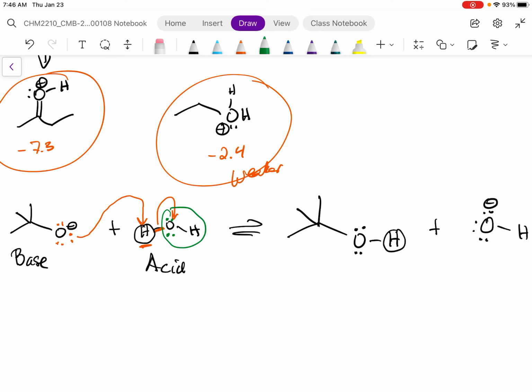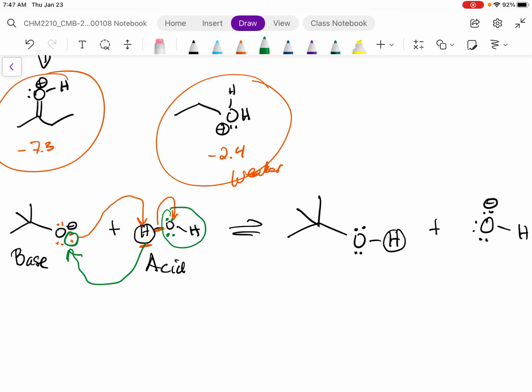We take this lone pair, and it forms a bond with that hydrogen. And that's what the arrow is showing, where those electrons go, what bonds it forms. Far too many students will just say, hey, this hydrogen's going to pop on and go over there. Okay? That's what they do. They say the hydrogen's flopping off over to that other oxygen.